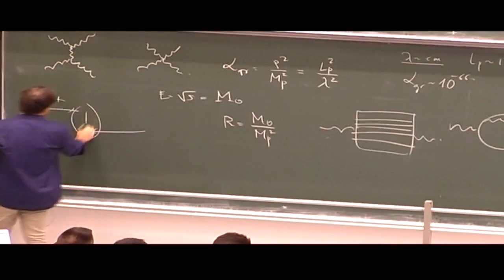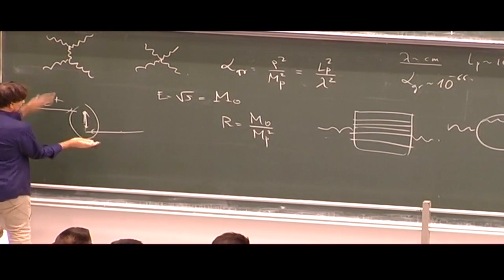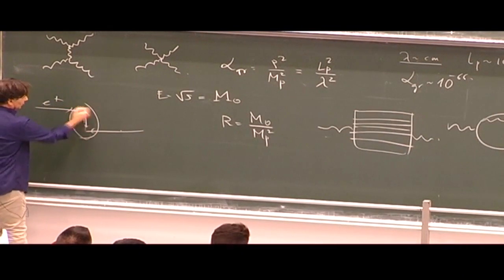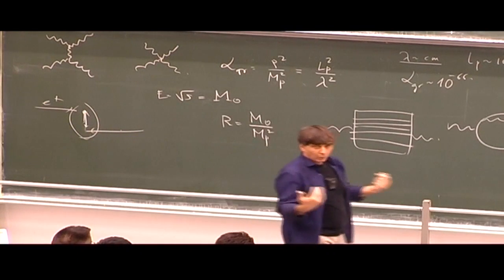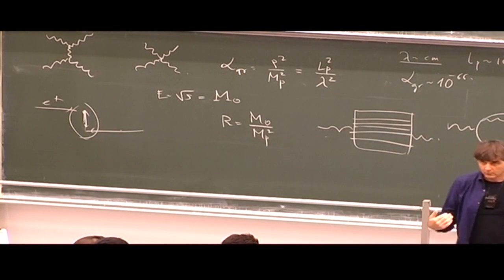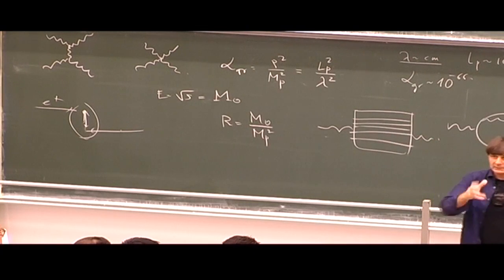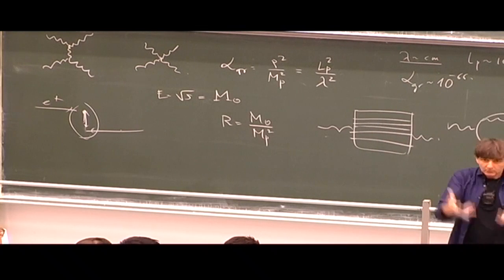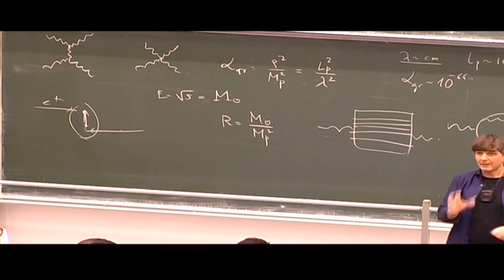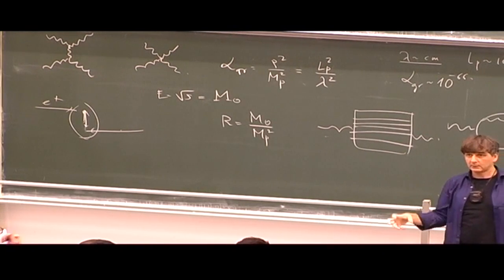So in other words, if the Schwarzschild radius is here, let's say, and I approach the impact parameter to the Schwarzschild radius, you see that dramatic things are happening. So in other words, all the precursors of black hole formation seem to be there. Okay? But if you want to ask more, what kind of state am I forming, you need to have some description of a black hole in terms of particle states.